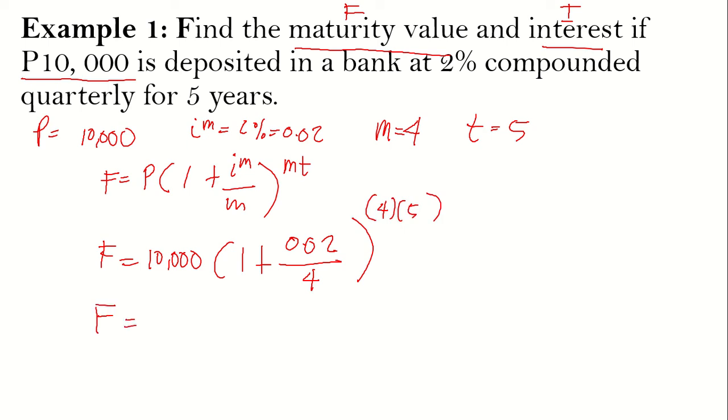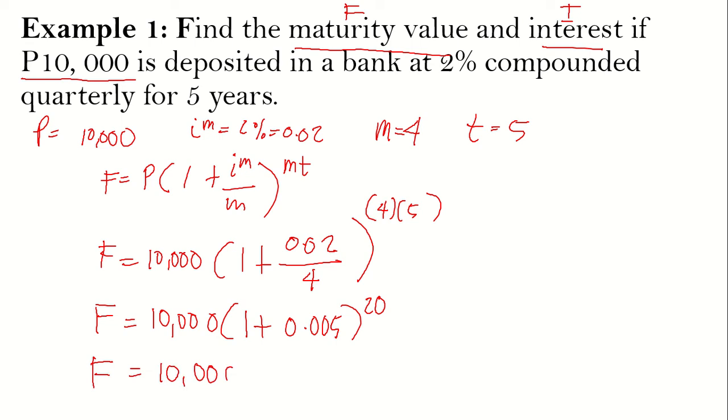F is equal to 10,000 times 1 plus, this is 0.02 over 4 is 0.005, raised to 20. F is equal to 10,000 times 1.005 raised to 20.